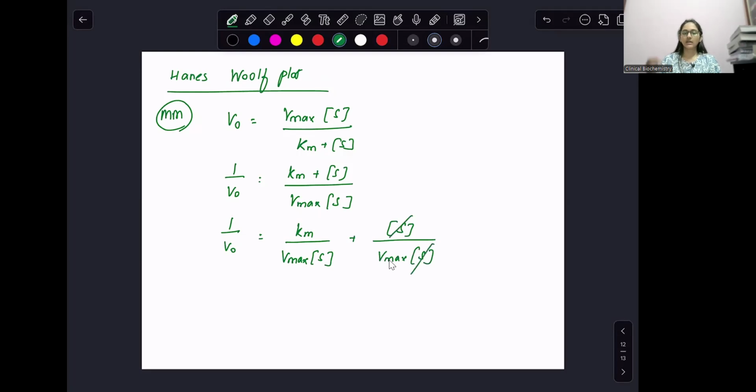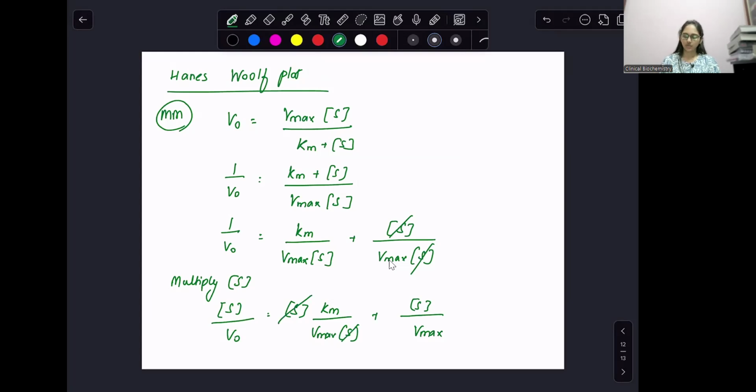So we will cancel the substrate concentration here. Now I will multiply the entire equation with substrate concentration. So what will I get? Substrate concentration by V0 is equal to substrate concentration Km by Vmax into substrate concentration plus substrate concentration divided by Vmax. Now we can cancel these two.